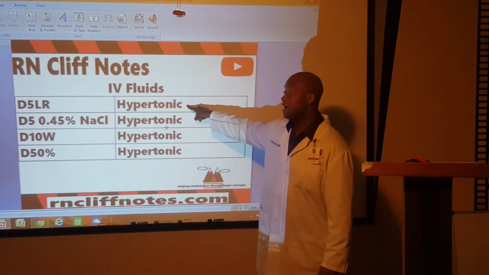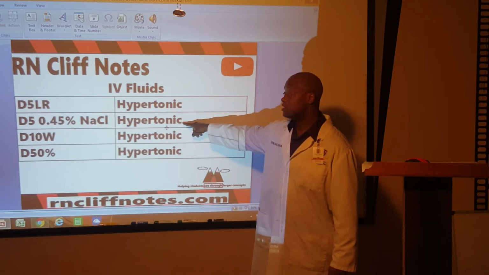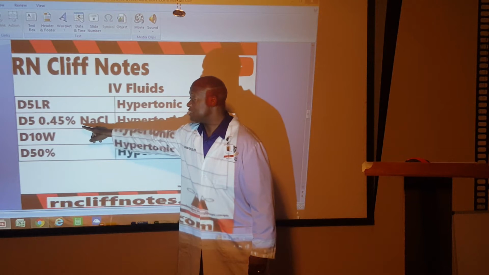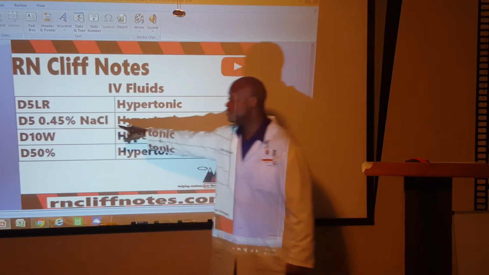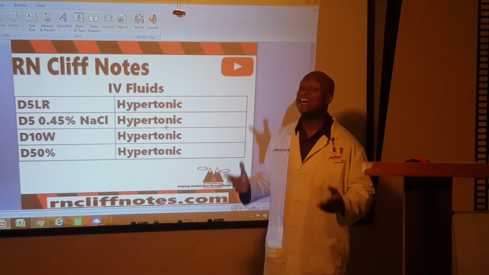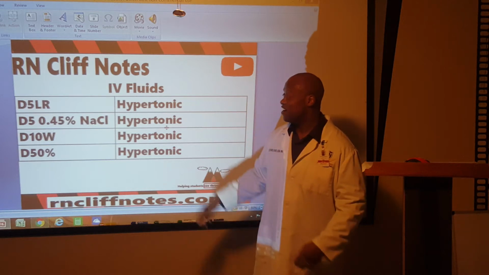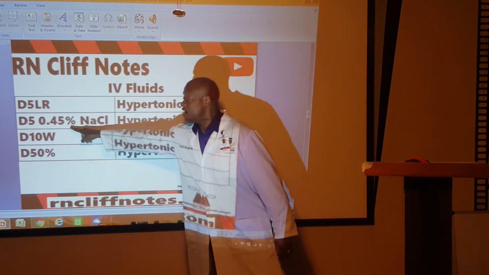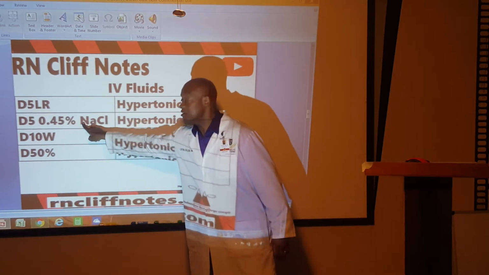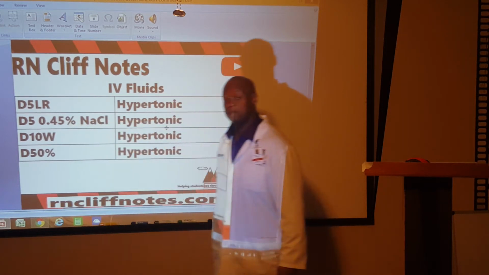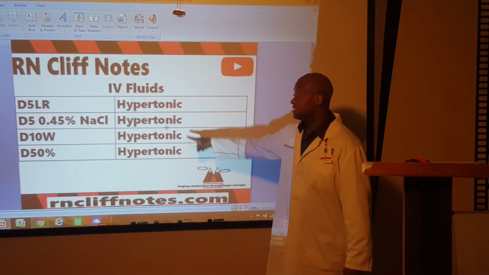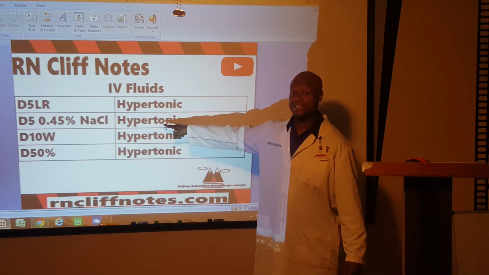It became hypertonic. Well, that rule still holds true, even though we've decreased our concentration of sodium chloride here. Yeah, it's a little bit tricky, right? So D5 and half normal saline, 0.45, his other name is half normal saline, is still hypertonic.